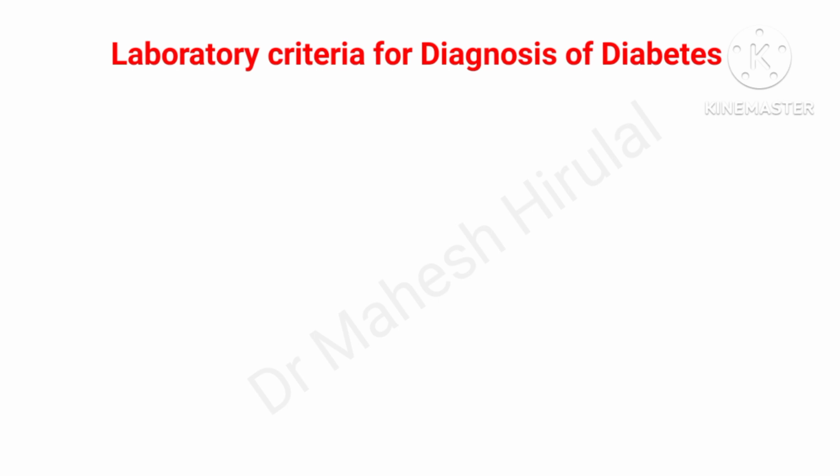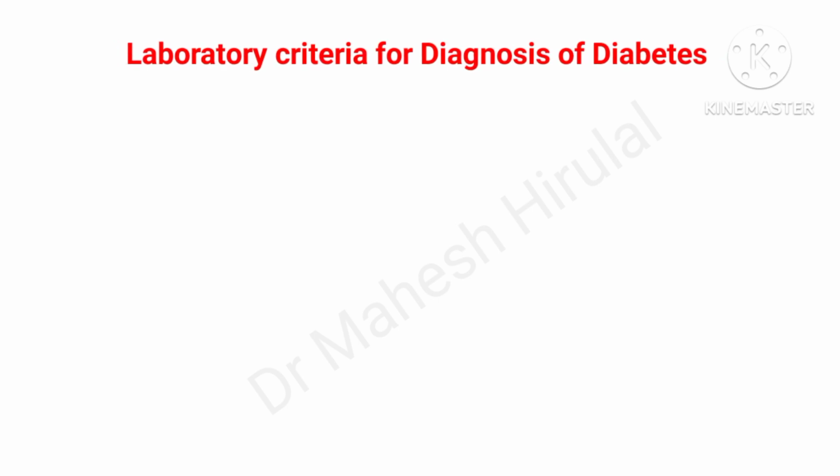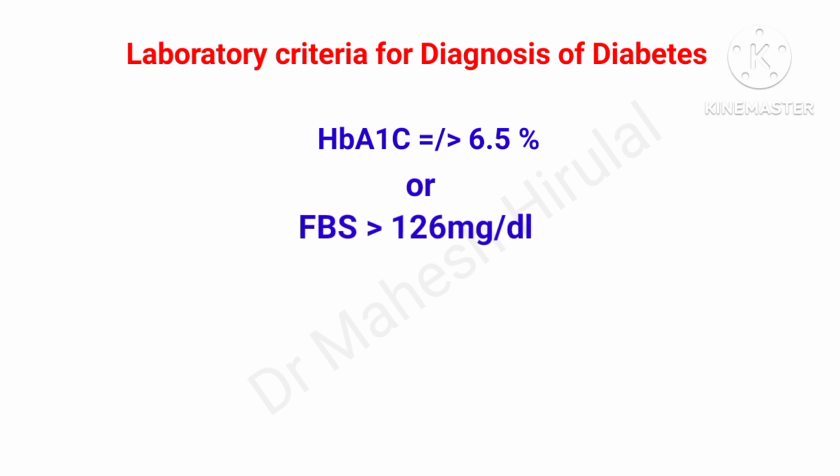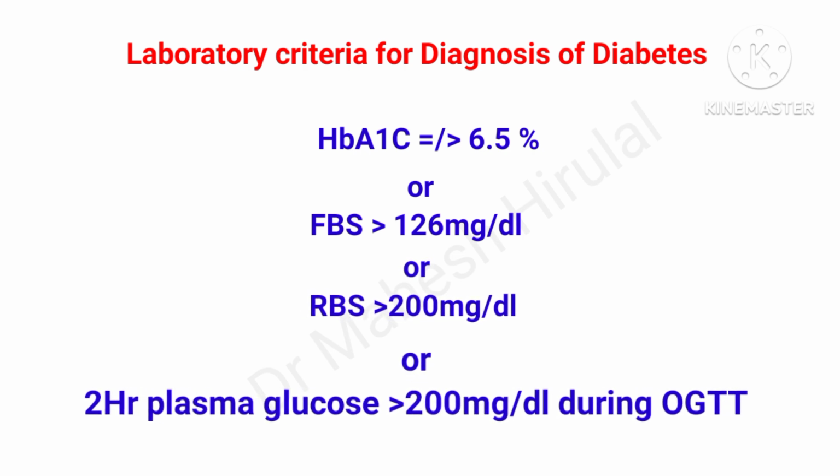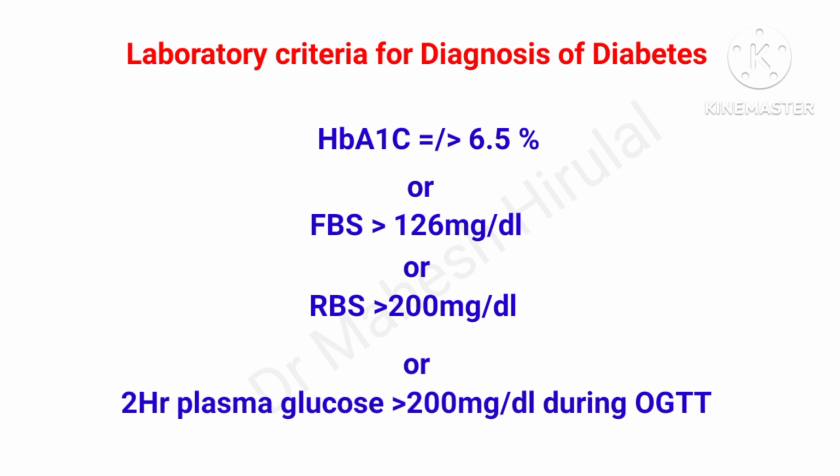Laboratory criteria for diagnosis of diabetes mellitus: HbA1c more than or equal to 6.5 percent, or FBS more than 126 mg per dl, or RBS more than 200 mg per dl, or second hour plasma glucose level more than 200 mg per dl in OGTT, then the patient can be diagnosed with diabetes mellitus.